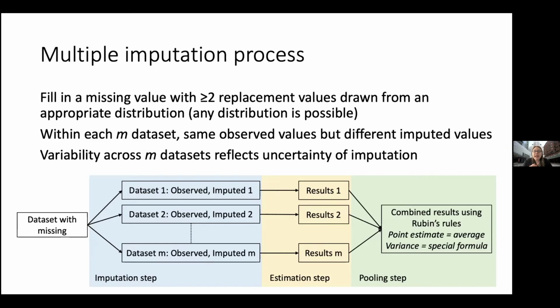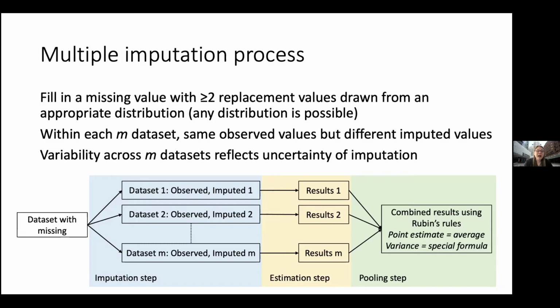So we create basically M copies of our data set, M being the number of imputations that we are conducting, where in each of those data sets you have the same observed values and then different imputed values. The variability across those M data sets reflects the uncertainty in the imputation, which is how we get valid estimates.